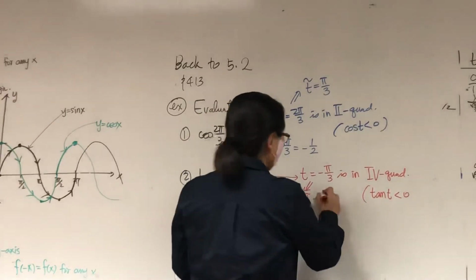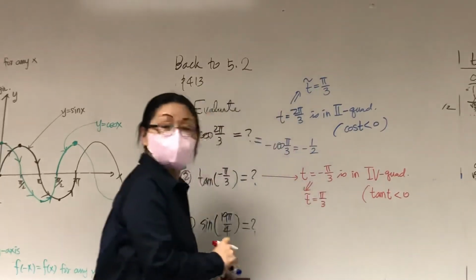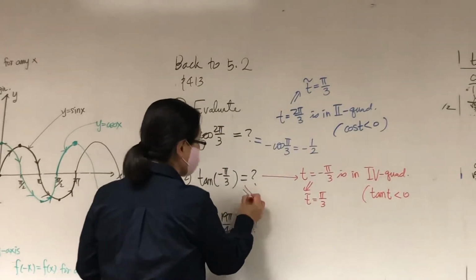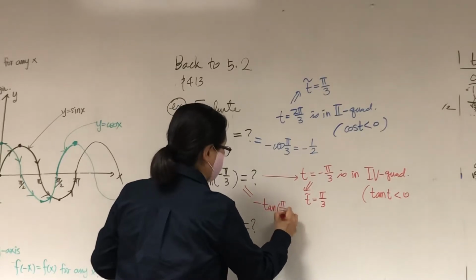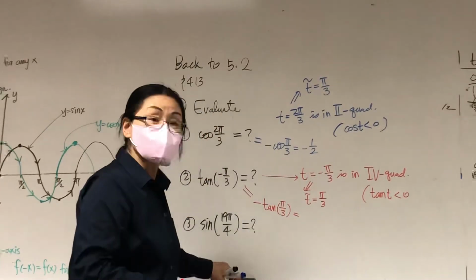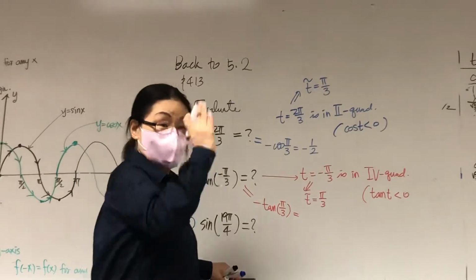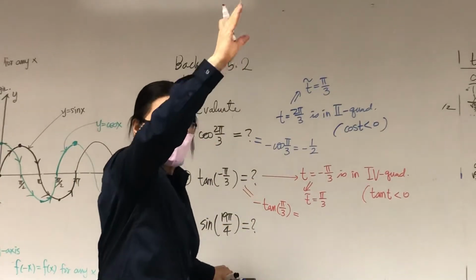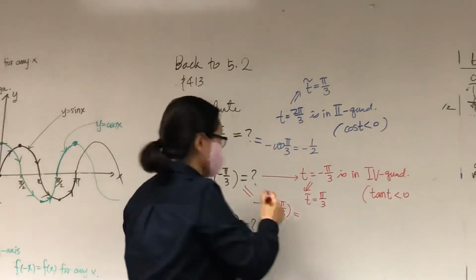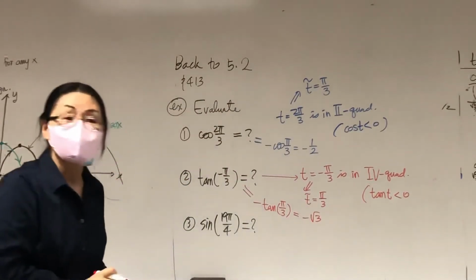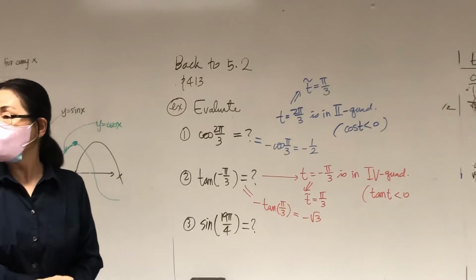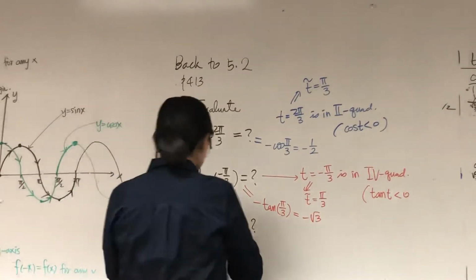Yes, it is pi over 3. So what is your answer? Negative root 3. The shorter side and the longer side, right? You follow me?